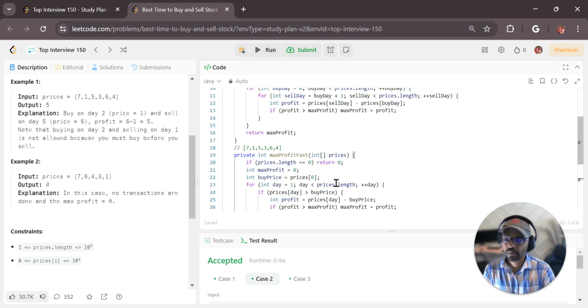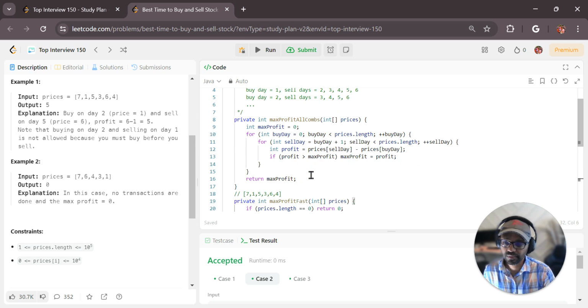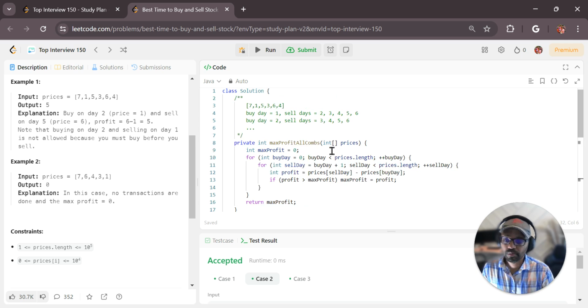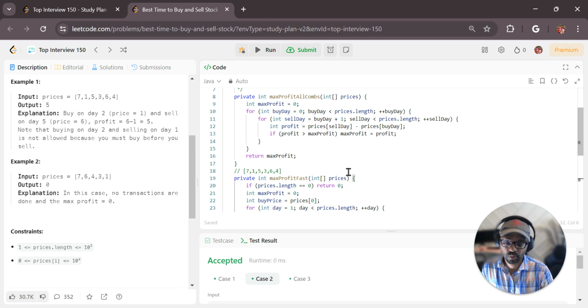One last comment on this problem before we end: we know this is an inefficient approach and this is the efficient approach, but it's always good to know by how much, right? Or what is the time and space complexity. So before we talk about time complexity, space complexity is order of 1 for both approaches.